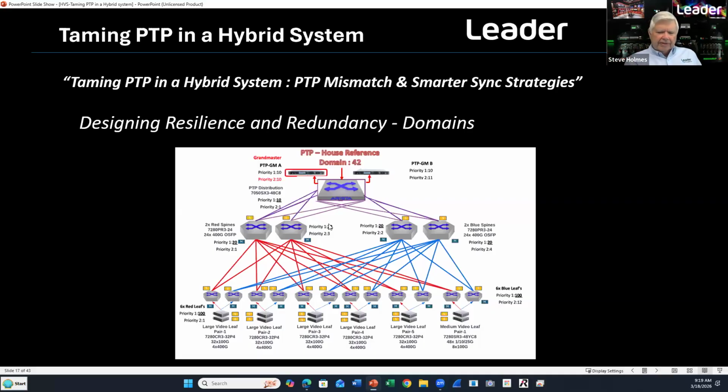I have a whole other segment that I go through on networks and, within a -7 network, why we do that. But here's kind of a network that's got a PTP distribution layer, takes the PTP down to the leaves, or down to the spines, which take it down to the leaves. Some people don't want to waste a 100 gig port for PTP, so they will go down to a set of leaves and have the leaves back it up, which is fine. It works exactly the same and has no issues at all.